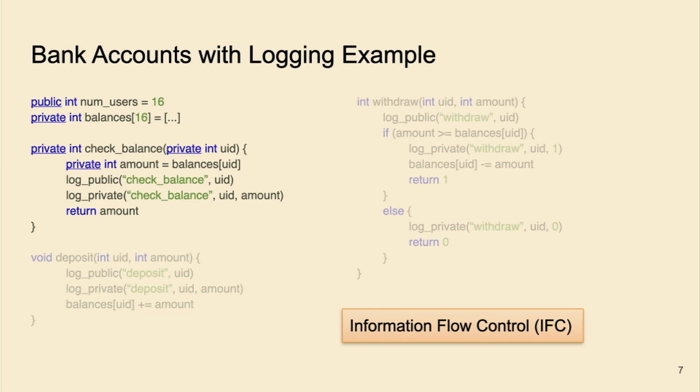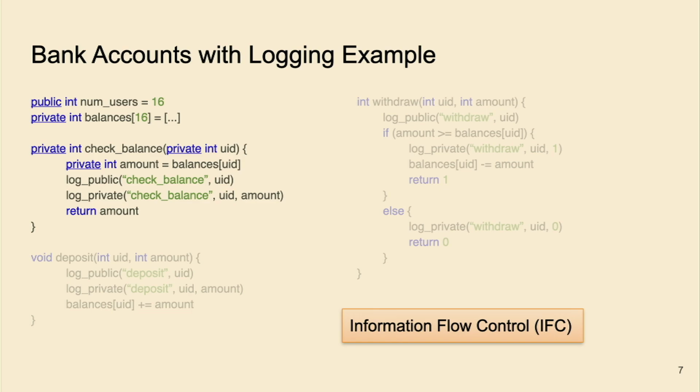When our attacker tries to read from the balances array, the attacker is running outside of the enclave, and the enclave prevents him from being able to access that information. So if we combine TEEs with information flow control, we get applications that are secure by construction against these kinds of attackers.